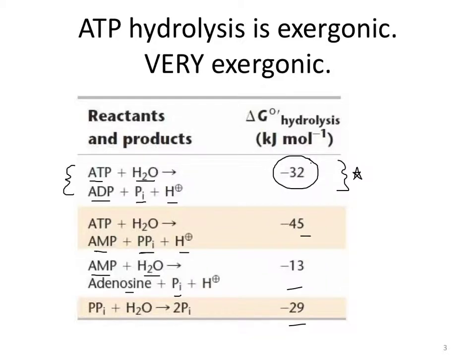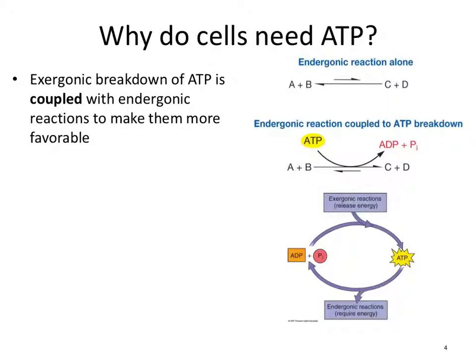Very exergonic process. Well, so what, right? It's very exergonic, which means it's a spontaneous reaction, and it's energy yielding. And what's really important about ATP is that ATP hydrolysis can be coupled or linked with cellular endergonic reactions to make them more favorable or to make them thermodynamically possible.